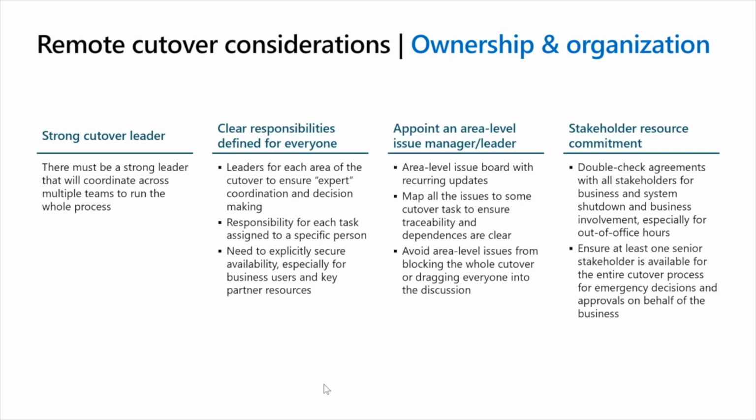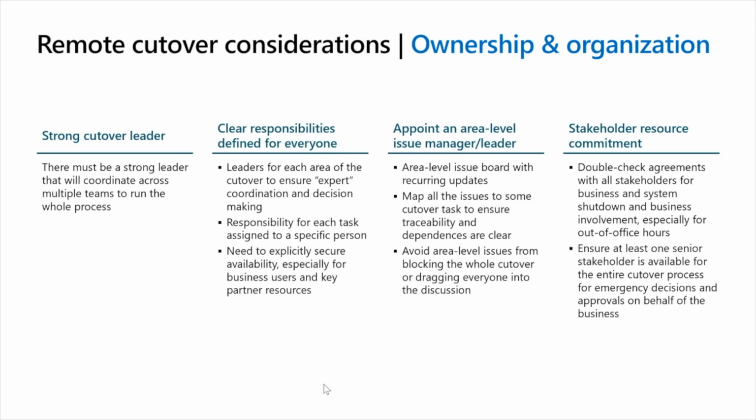Absolutely critical that you double check and confirm the agreements with all the stakeholders for the availability of the resources that you're expecting for the go live cutover period. Often this is during holiday periods or weekends, certainly out of office hours. And you'd be surprised how many people then don't turn up because the commitment is so loose that they feel that they can do other things and just turn up as and when they're ready, right?